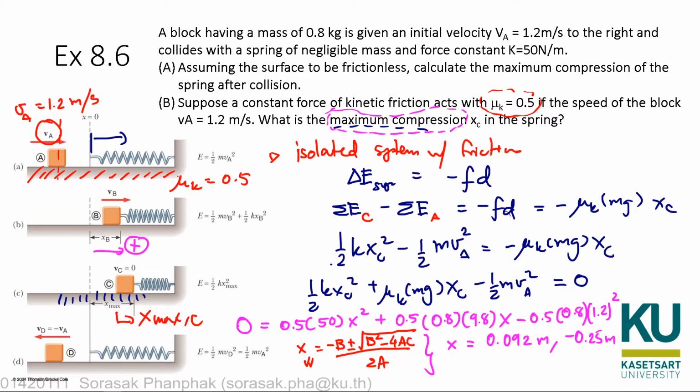If you have the minus sign, that means there's no compression; this is extension, so it has a different meaning. So the maximum compression x compressed max is equal to 0.092 meter. This is your answer. You can investigate this system as an isolated system with friction and use the friction information involved in this work, and you can determine the maximum compression in this case.